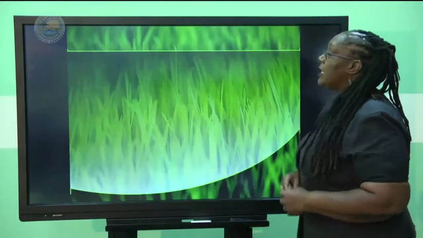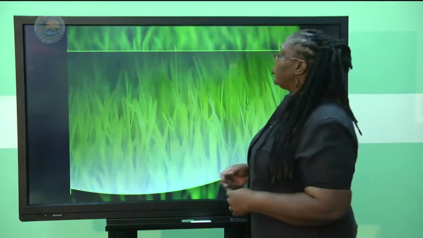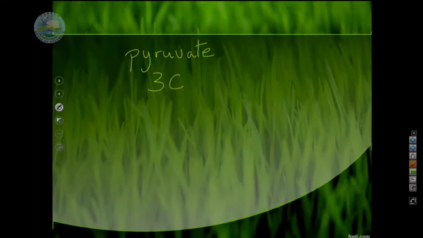So within this link reaction, let's do a little drawing here. So you have pyruvate here. And pyruvate is a 3-carbon molecule. And you have to go from pyruvate to another molecule, which we call acetyl.